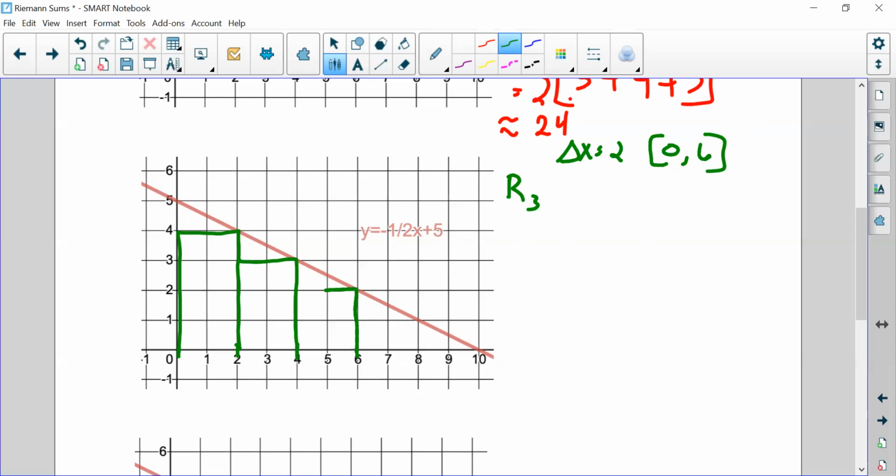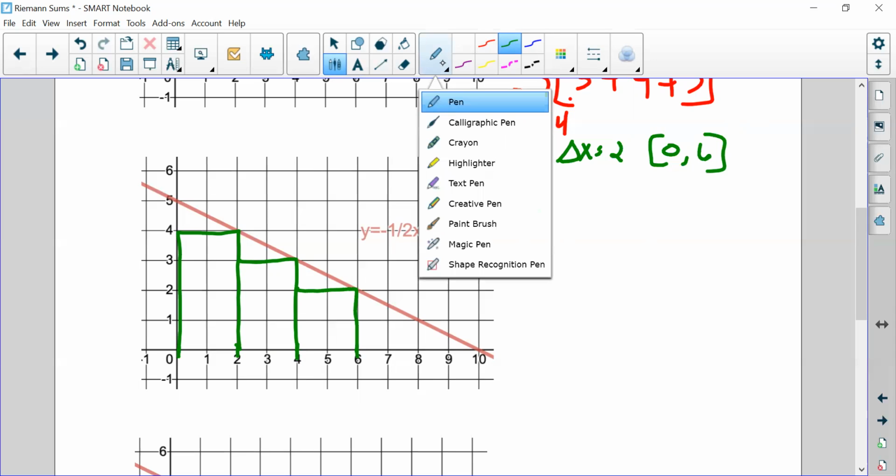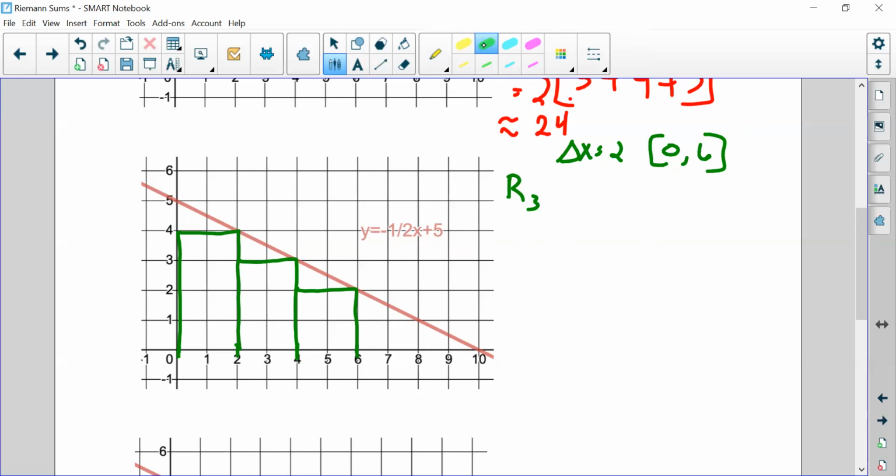And then my f at 6 and get my height. And so this is the area that you're actually finding. So that would be what's represented. And yes, this is definitely an underestimate.